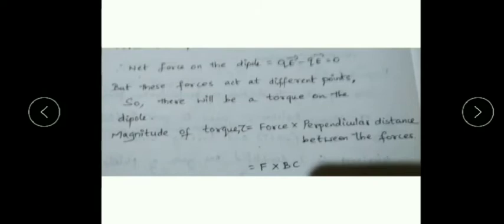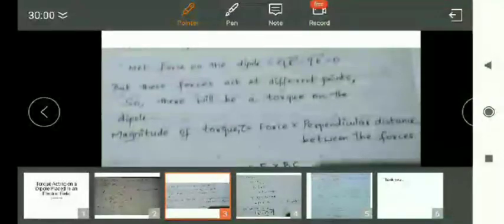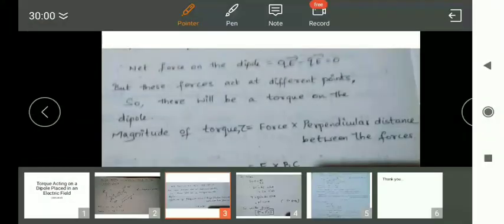So if I consider the net force acting on the dipole, net force means total force acting on the dipole, it is qE, that is plus qE minus qE, right? So the second force is minus qE. So magnitudes are same, that is why force is equal to 0.